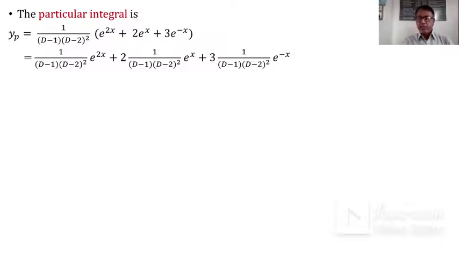In that result, if we substitute a is 2, r is 2, and phi of D is D minus 1, then this is equal to x^r, means x², e^(ax), means e^(2x).